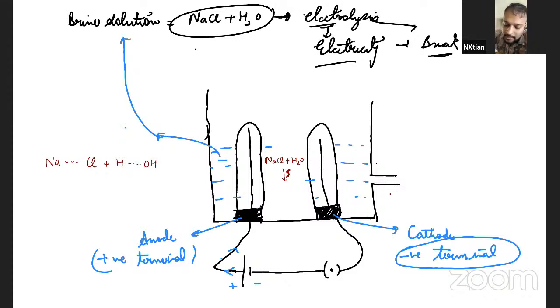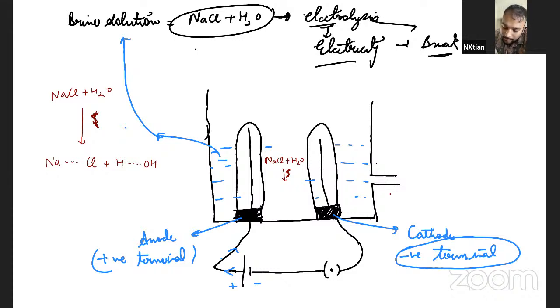When I pass electricity into this solution, NaCl and water, then Na and Cl break their bond, and water, which is also called HOH, they broke their bond.